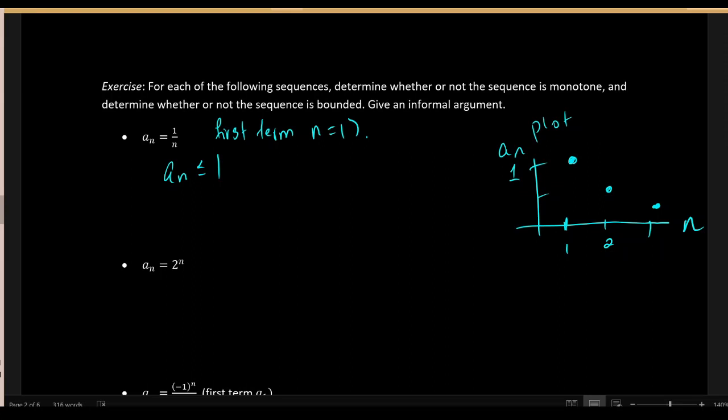Additionally, all the terms in this sequence are going to be greater than 0, because I'm always dividing 1 by a positive number. 1 divided by a positive number is still going to be positive. So all the values in this sequence are trapped between the constant 1 and the constant 0. As a result, I can safely conclude that this sequence is bounded.